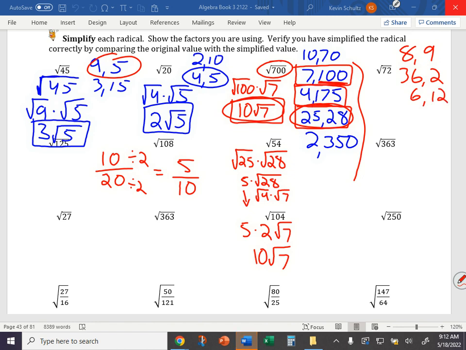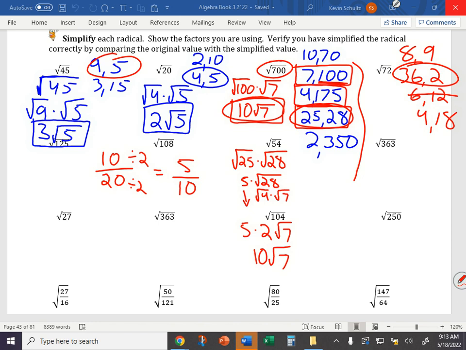What else? 4 and 18. Okay. We have a couple perfect squares here. The 6 and 12 is the only one that's completely useless because there are no perfect squares there. But 8 and 9, we got 9. 36 and 2, we got 36. 4 and 18, we got 4. Which factor pair are we going to use here? Ellen. 36 and 2, because that is the largest perfect square factor.